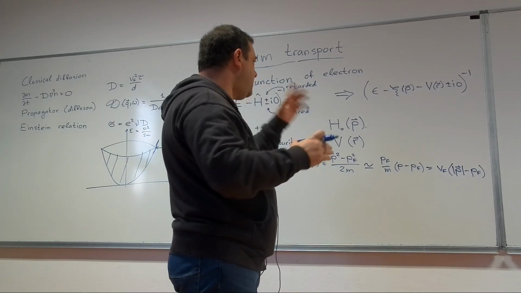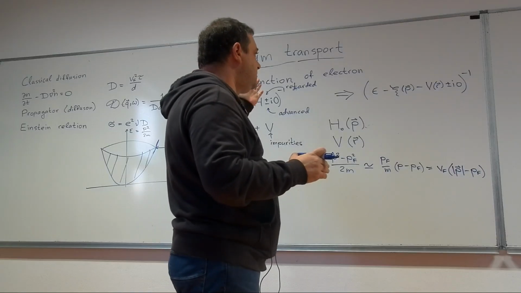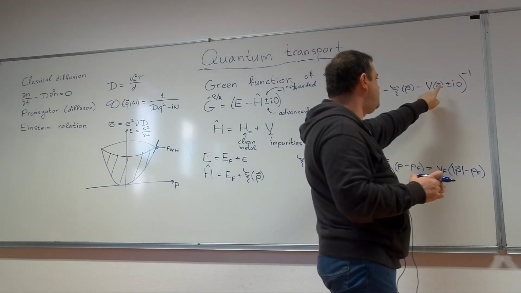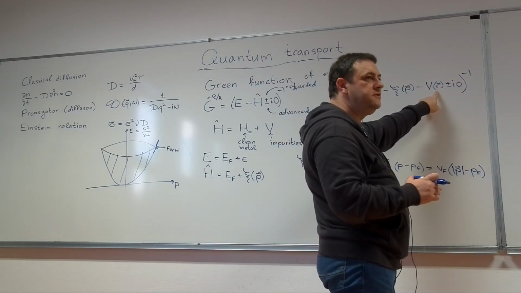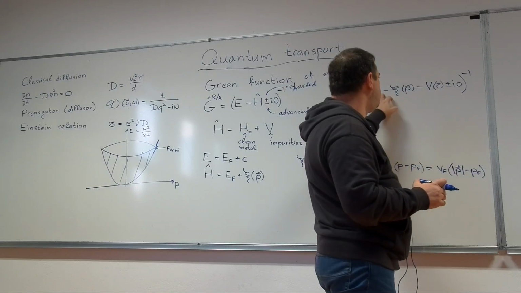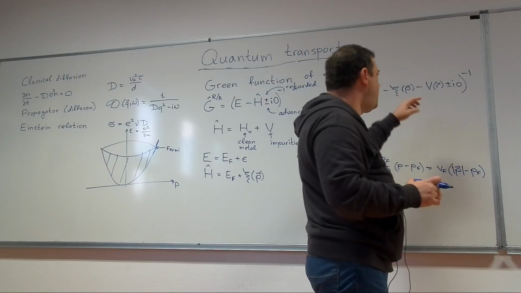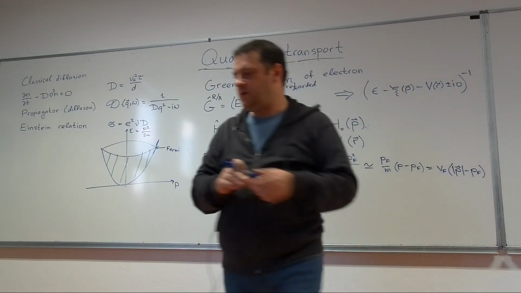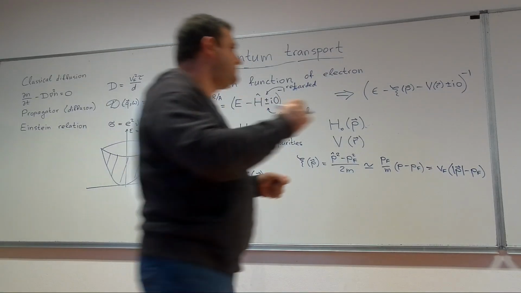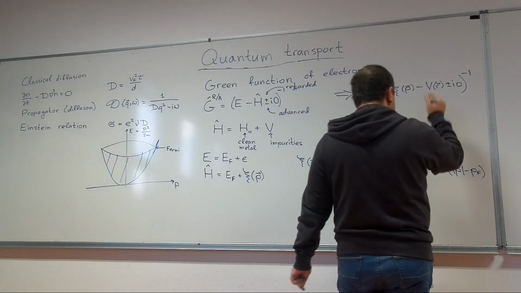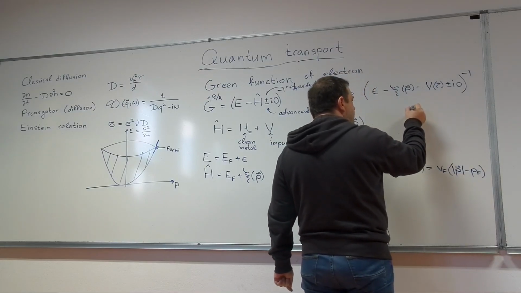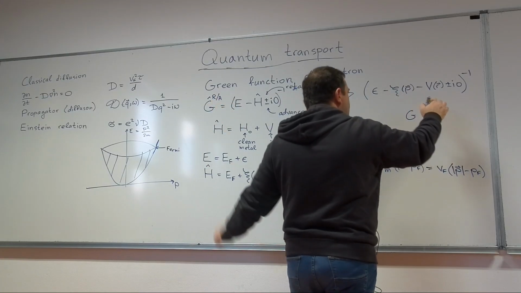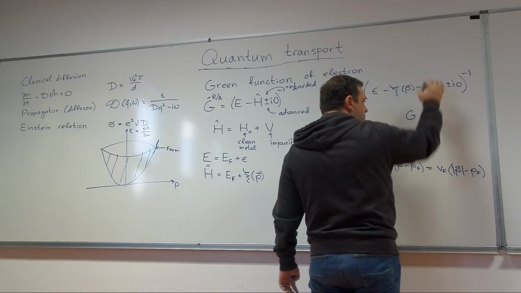And now we do what I mentioned already, the perturbation theory. We assume this V is a small correction to the rest, and we can take this object and do an expansion in powers of V. First, I will define the green function without impurities at all.